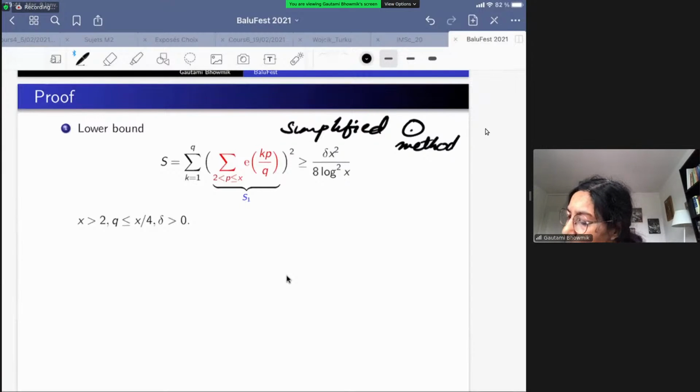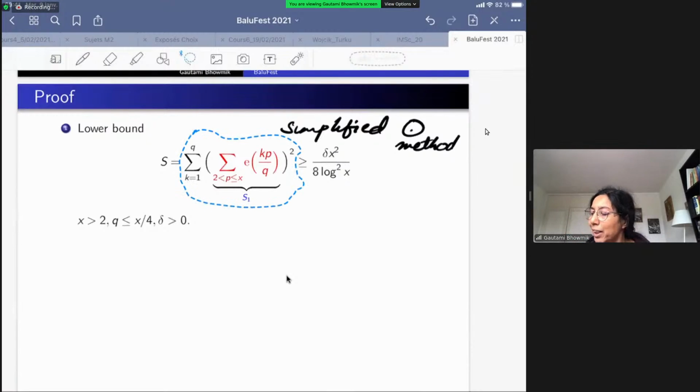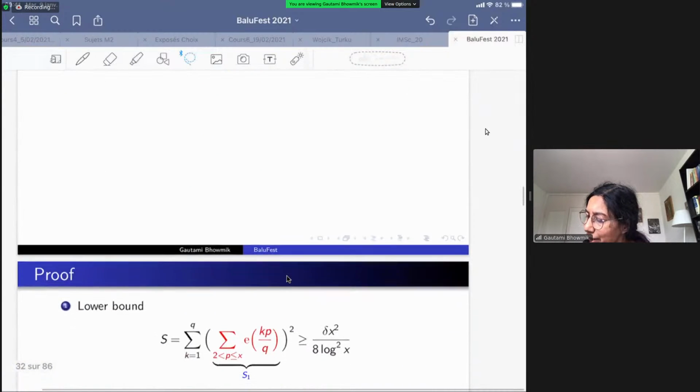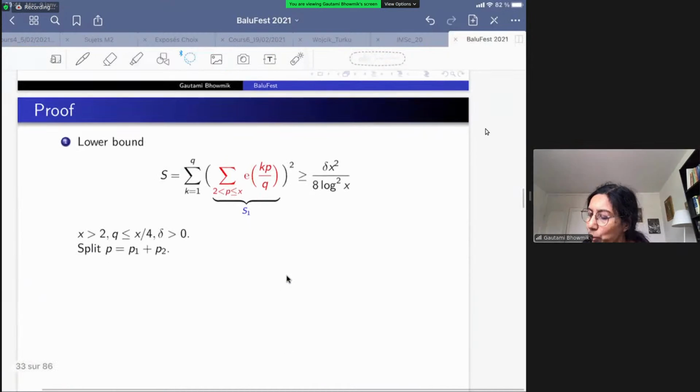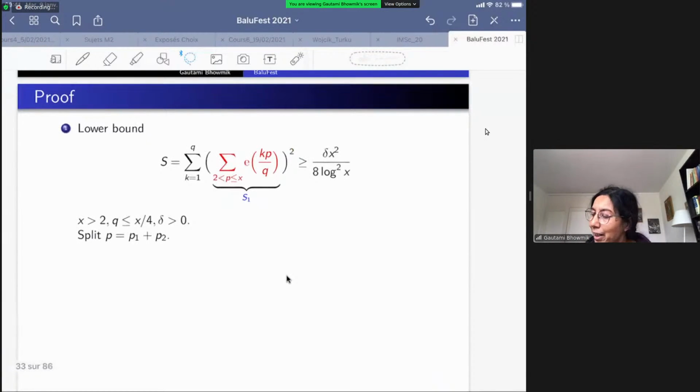We write it as a sum over k of an exponential sum, k p by q square, where the prime is between 2 and X. Okay, and to prove this, let's call this S1. I write my prime as P1 plus P2.